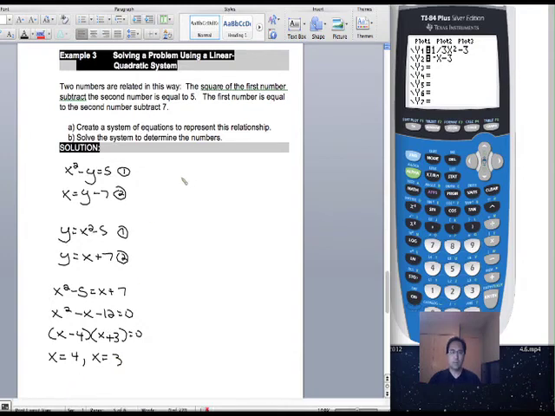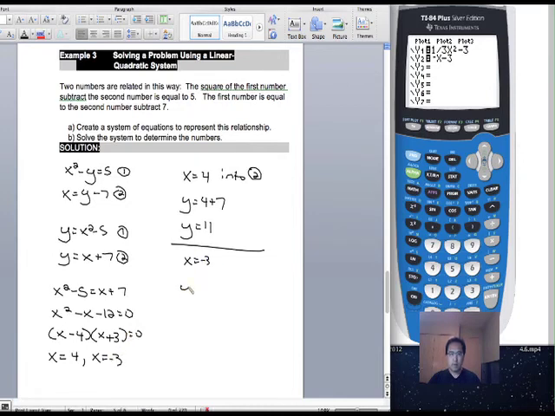Okay, so let's substitute them in. Let's do x equals 4, and we can put it into 2 because it's a nice simple equation. y is equal to 4 plus 7. y equals 11. What if we had x equals, sorry, −3.